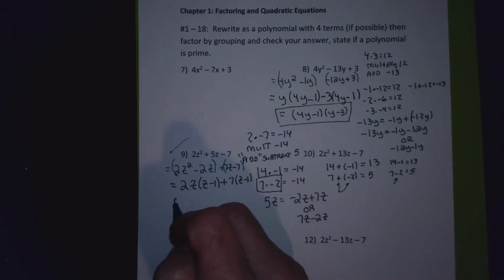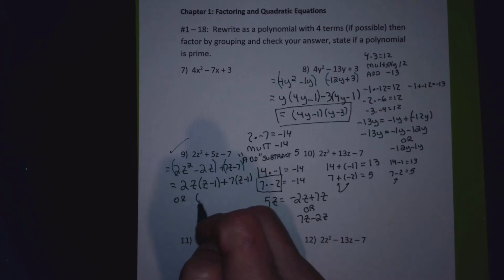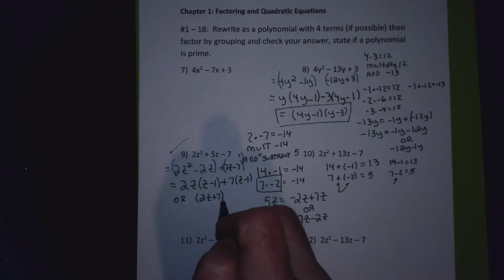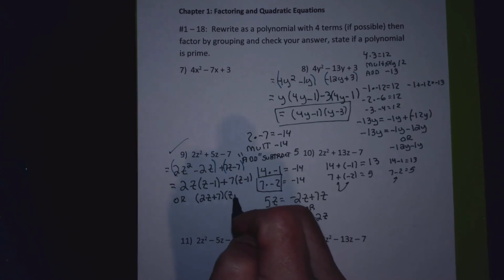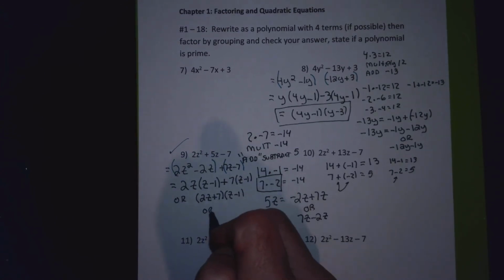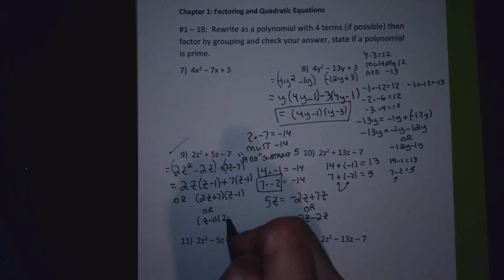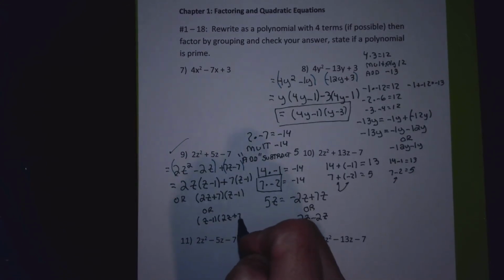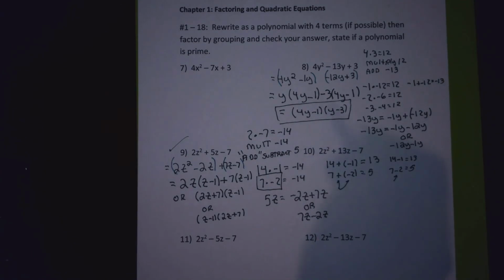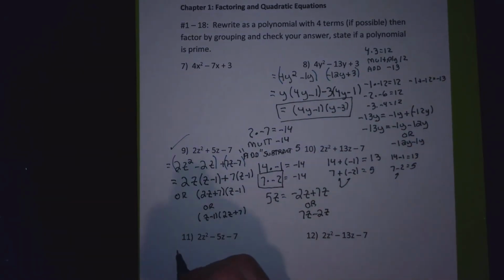And then I have flexibility for my answer. I can write 2z plus 7 times z minus 1, or I can write z minus 1 times 2z plus 7. You can check every time, maybe you should, but it takes time. I'm going to go ahead and check this one just to show you that I'm good.